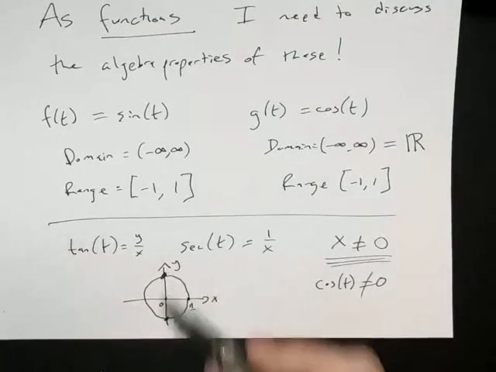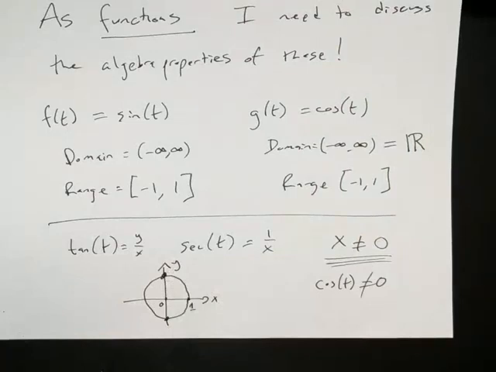So those are the 2 points that are going to give me places that I can't plug in the tangent or secant. What angles, what t values land at the point (0, 1)? Pi over 2.